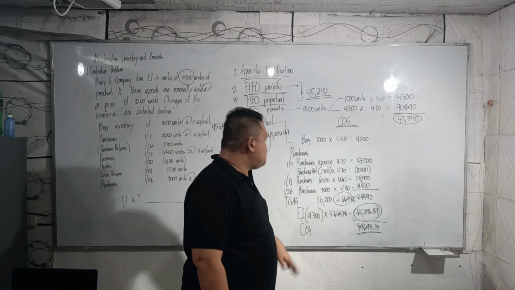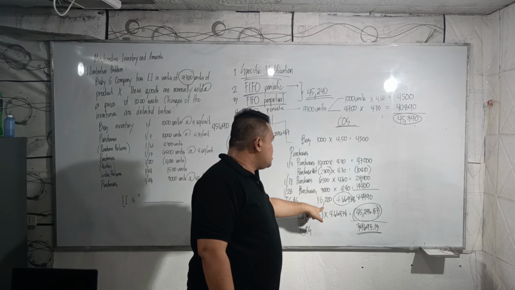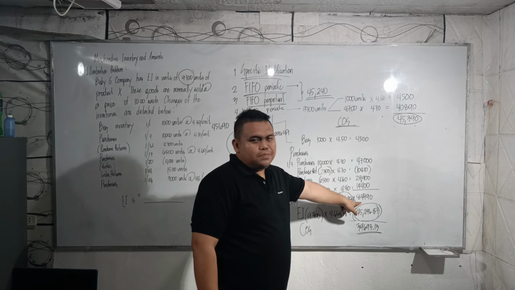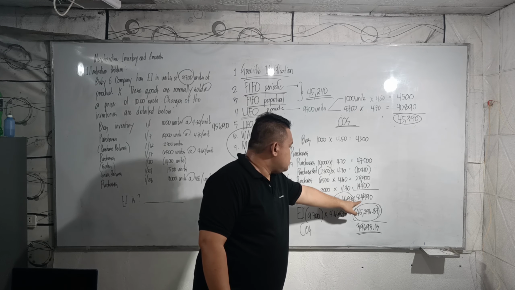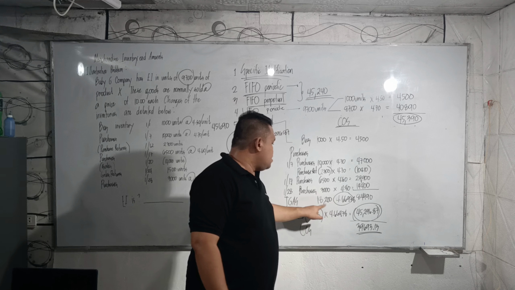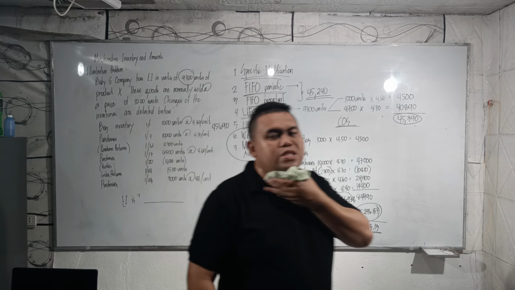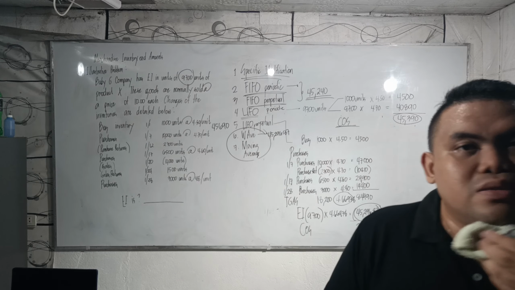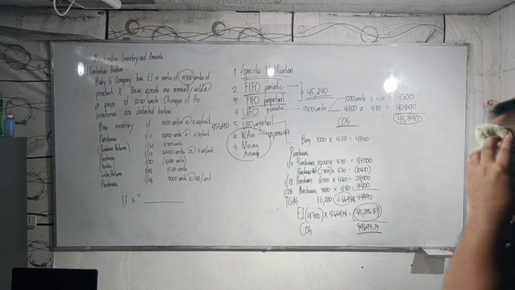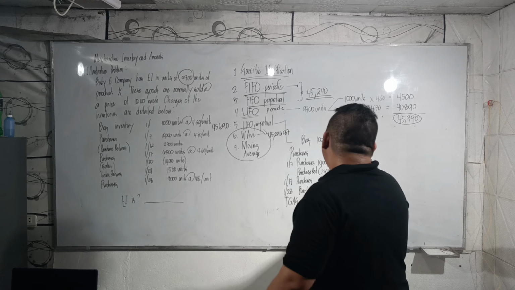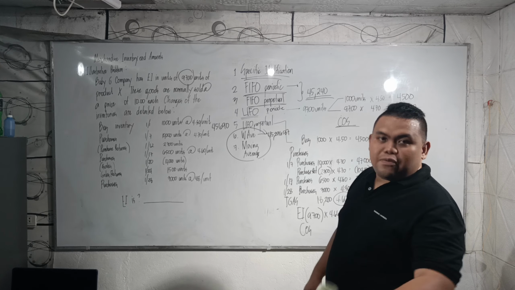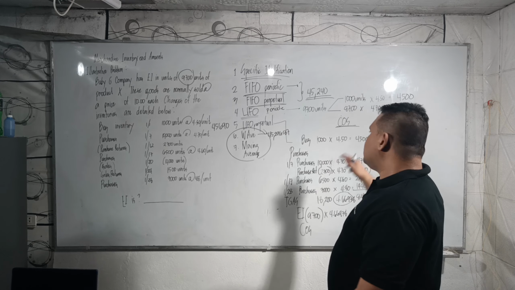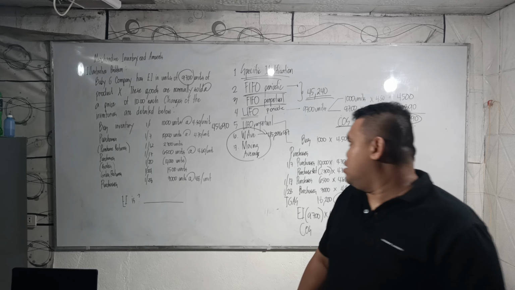You add all the amounts, and this will become the numerator, the total goods available for sale, divided by the total number of units purchased, including the beginning inventory. And you will get the average unit cost per ending inventory left. Okay? So that's it for weighted average, and I hope you still understand.